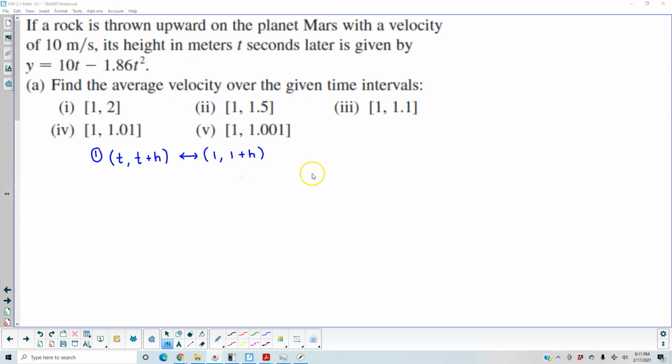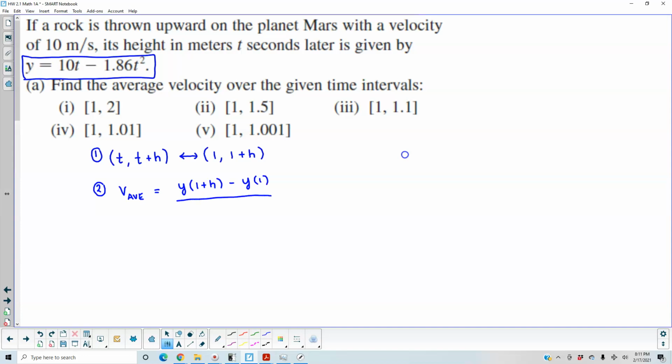So now this being our ordered pair, then we can start our formula for the average velocity. And so the average velocity, according to this function for y, is y of 1 plus h minus y of 1 over 1 plus h minus 1. So let's go ahead and plug that in to our function.